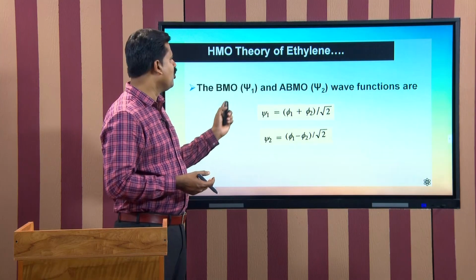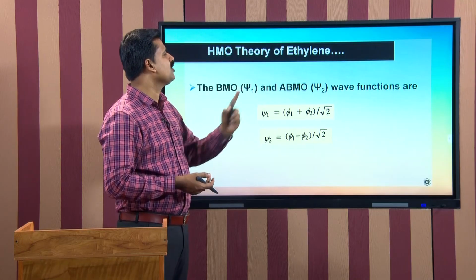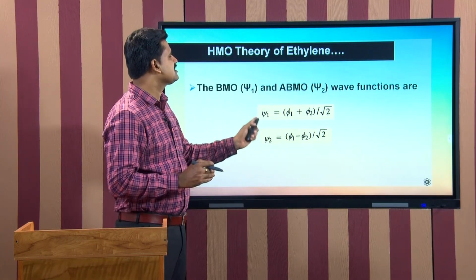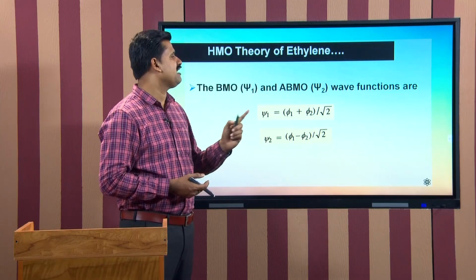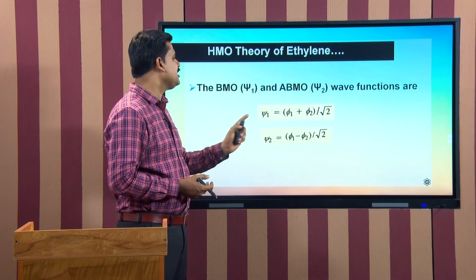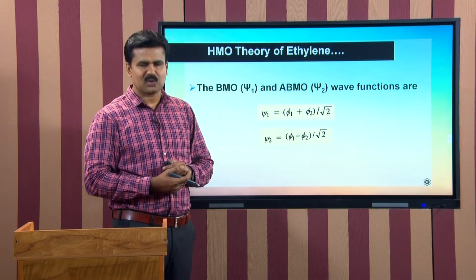The bonding molecular orbital wave function psi 1 and the antibonding molecular orbital wave function psi 2 can be calculated as psi 1 equal to phi 1 plus phi 2 divided by root 2, and psi 2 equal to phi 1 minus phi 2 divided by root 2.